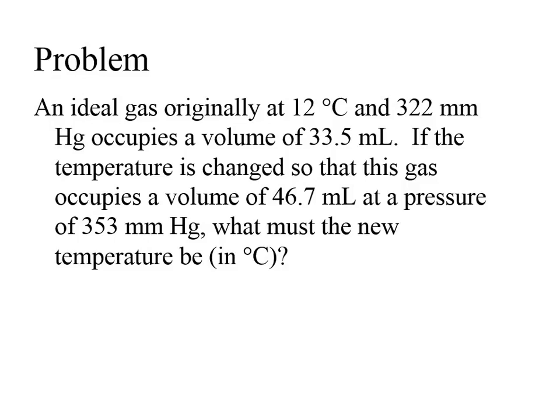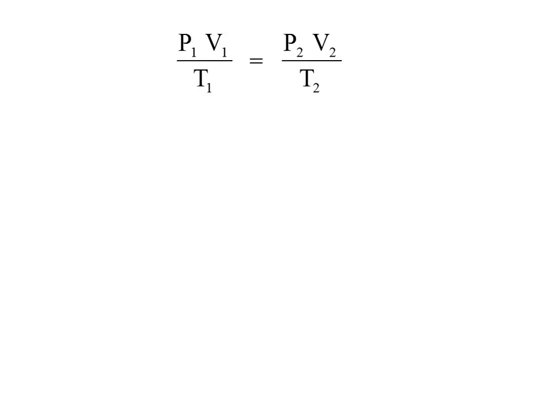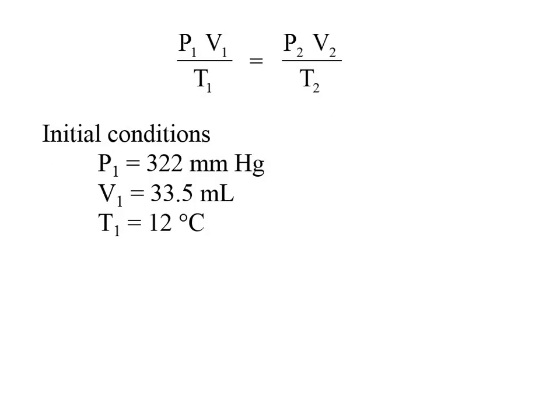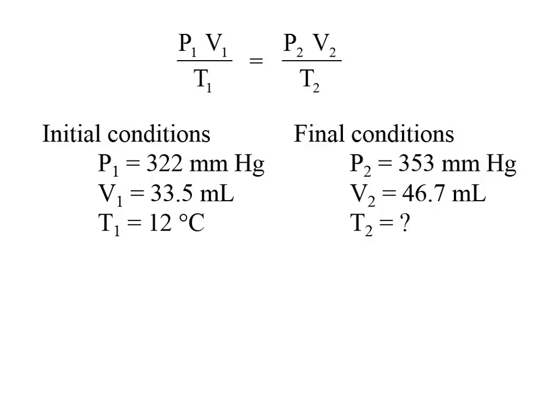They say the temperature has changed. They don't give the new temperature, but they give the volume and pressure of the new state, and they ask for the new temperature. This is what it looks like. This is all the stuff you know about the first state, P1, V1, and T1. It's easy to get this mixed up. And this is all the stuff you know about the second state, P2, V2, and T2.